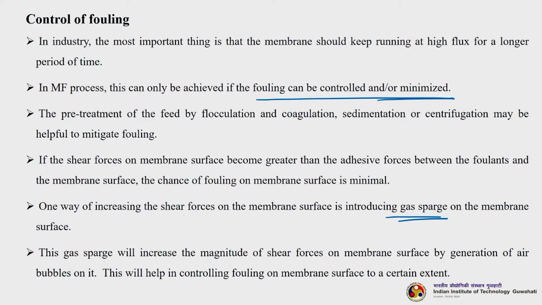This purging will help create bubbles, so you are basically creating a different type of multi-phase flow inside the module. It is a two-phase flow basically. This gas purge will increase the magnitude of shear forces on the membrane surface by generation of air bubbles. So, this will help in controlling fouling on the membrane surface to a certain extent.